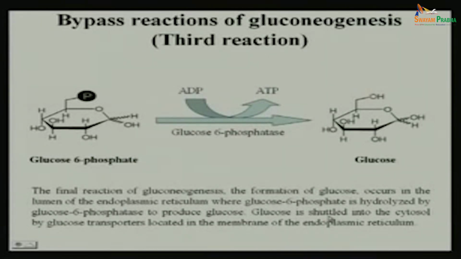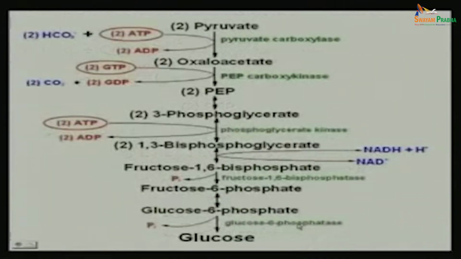Glucose is shuttled into the cytoplasm by glucose transporters located in the membrane of the endoplasmic reticulum. These are the bypass reactions, and the remaining reactions are the same as in the glycolytic process.